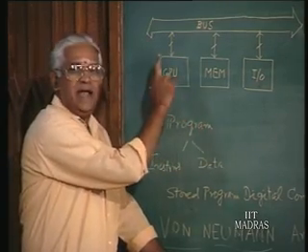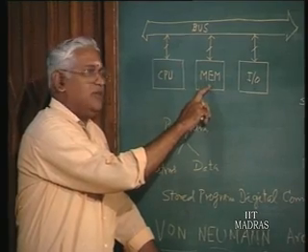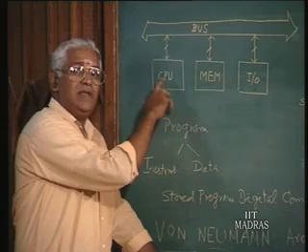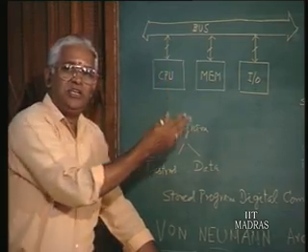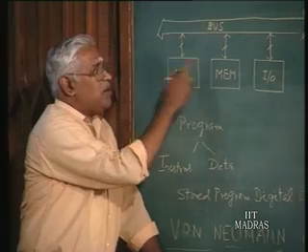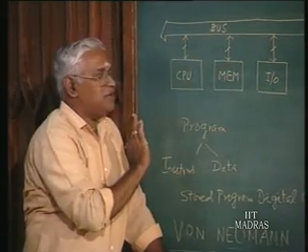The CPU will address the instruction, what address? A location which contains the instruction. Similarly, the CPU later on may address a location which contains the data. Okay. So when the CPU addresses memory and the memory responds, this is what we are talking about.